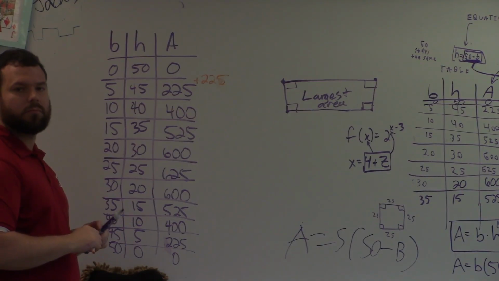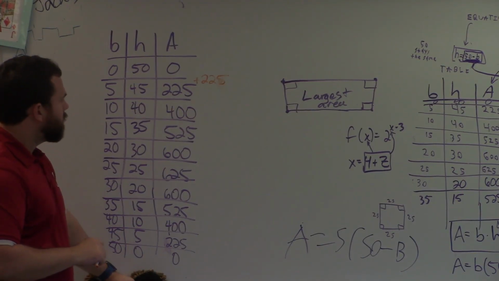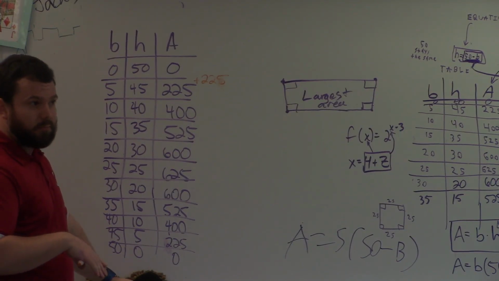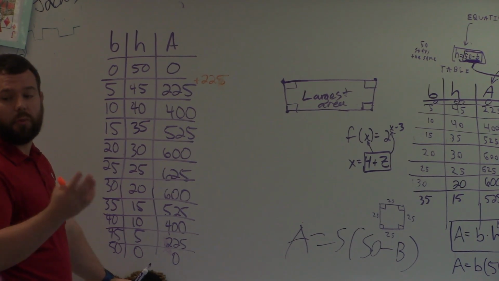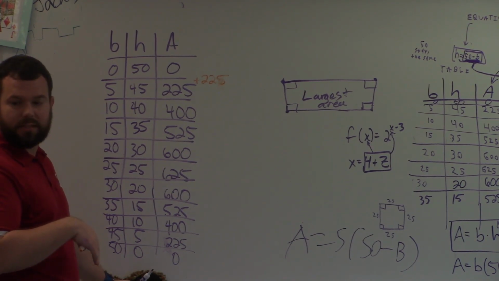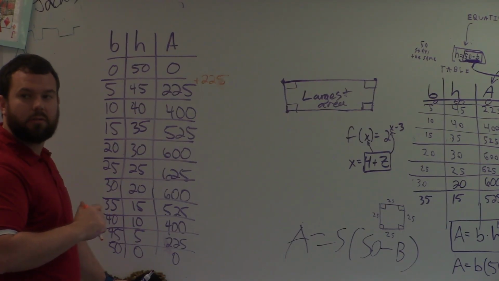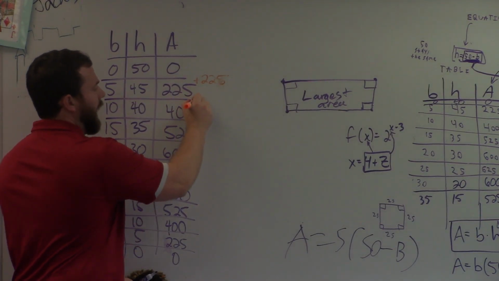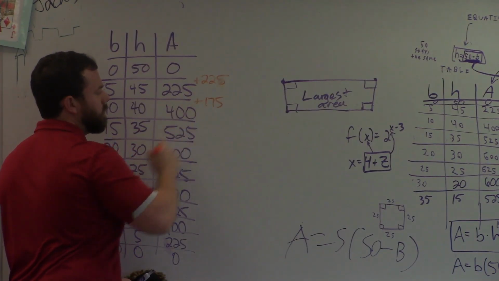Plus 175. You could use a calculator: 400 minus 225 will tell you the answer. So we're adding 175 here.